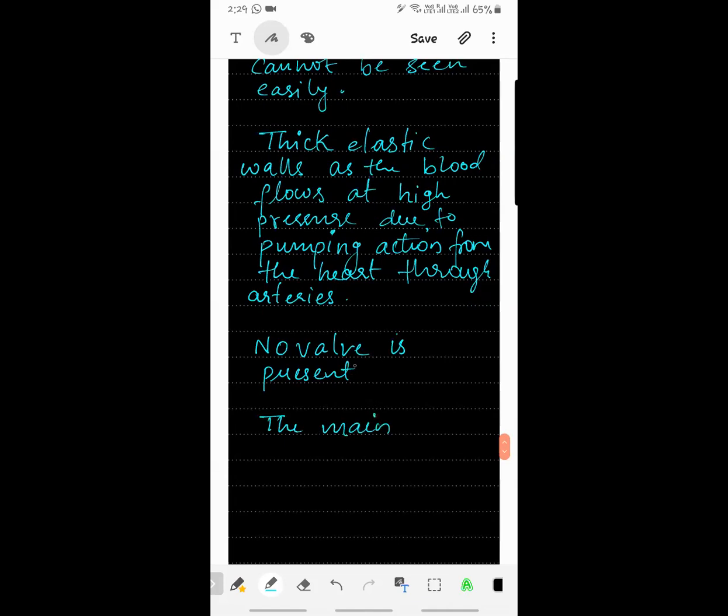I'm writing all the notes in detail about arteries, so you don't need to have any trouble in understanding or studying. You just listen to the class now, and I will provide the notes. The main artery is the aorta.